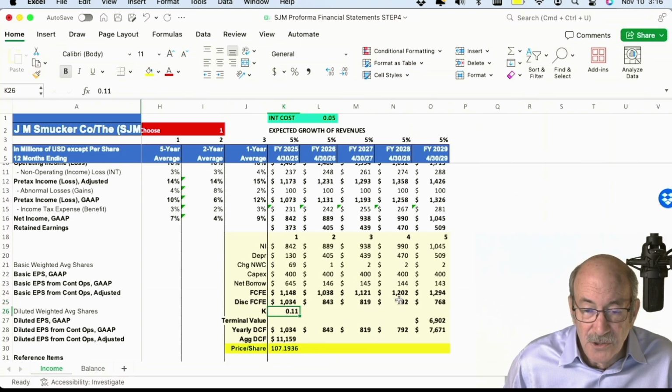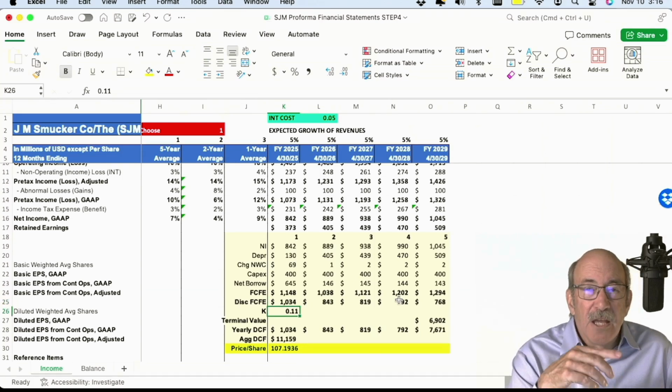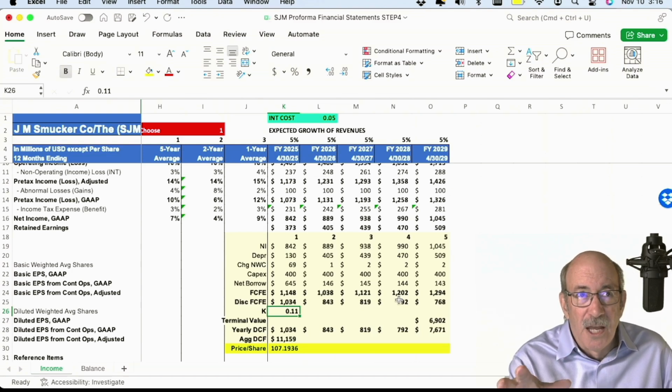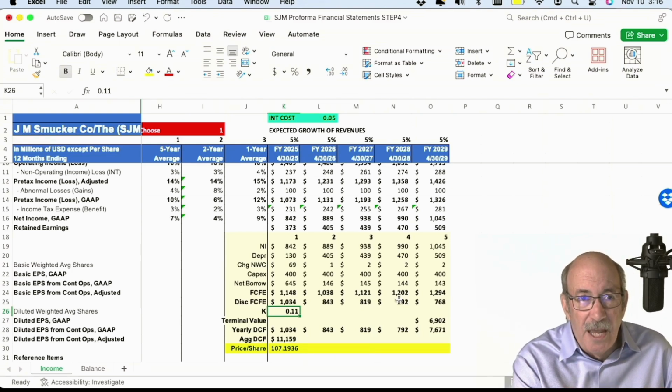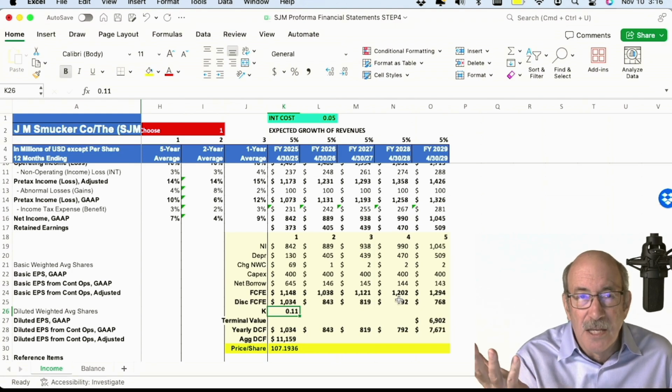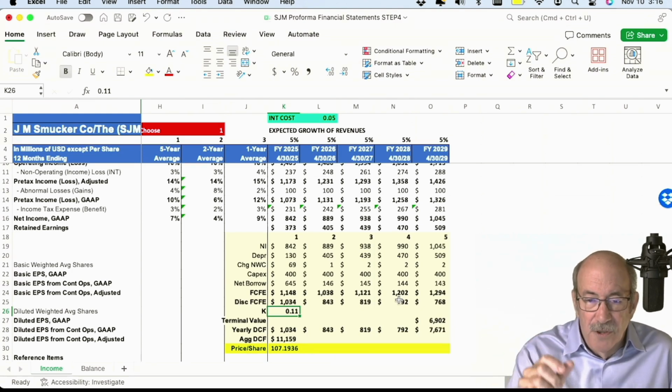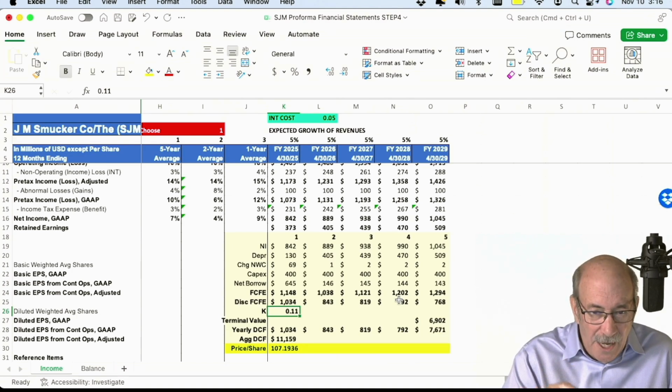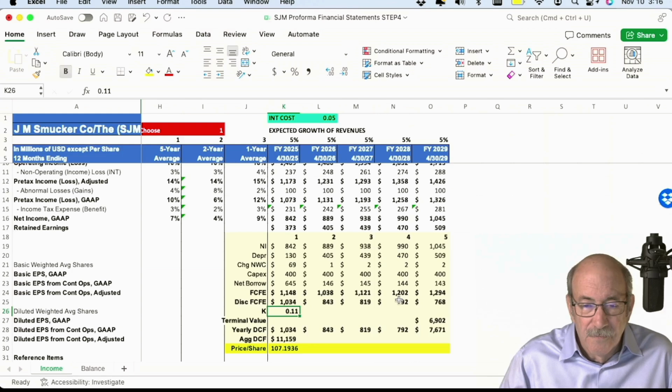All right, using this K. And again, if you're working on a spreadsheet and one of your teammates is working on K, you don't need their K yet. But just make sure that whatever K you have is always referencing the same cell. So my K for everything is going to be the K that's in cell K26.